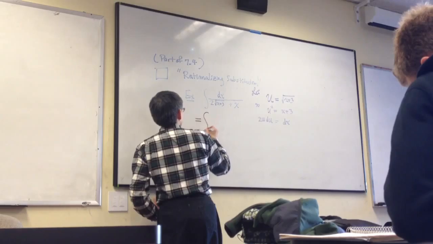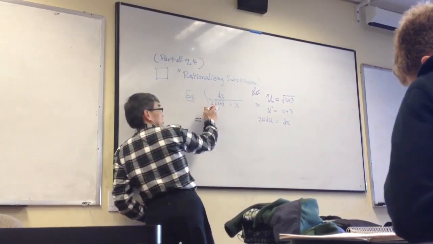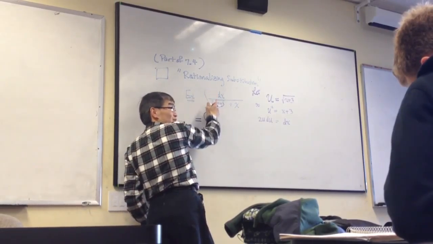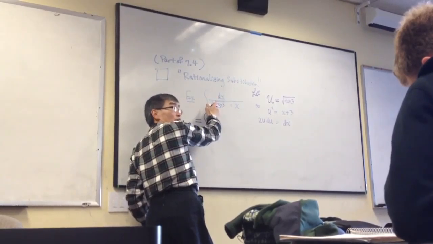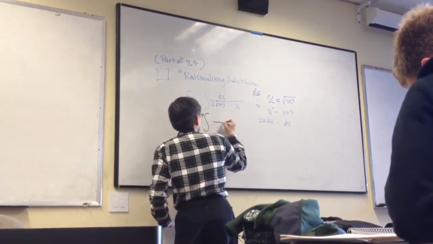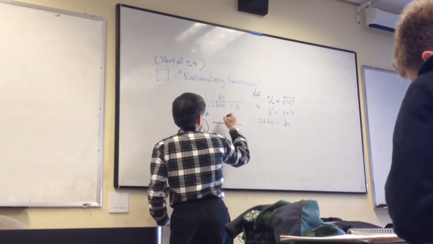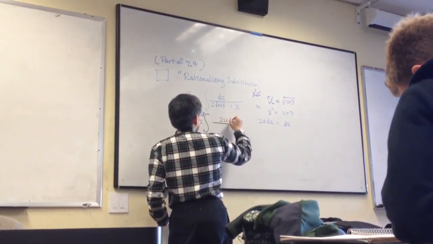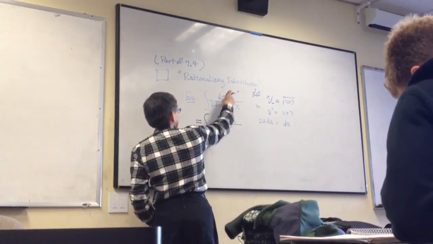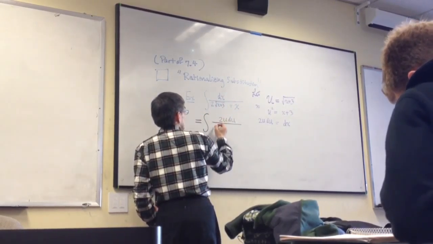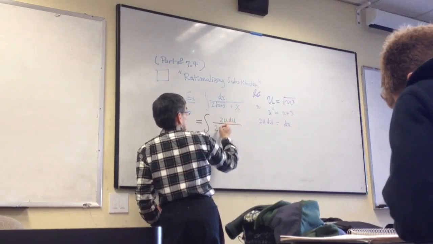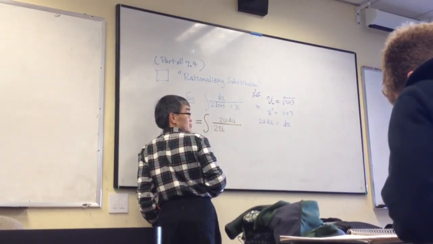This one is an indefinite integral. Otherwise, you have to change the limits of integration as well, right? But this one is an indefinite integral, so I don't have to worry about that. So what is dx? Isn't that 2u du? That's that piece.